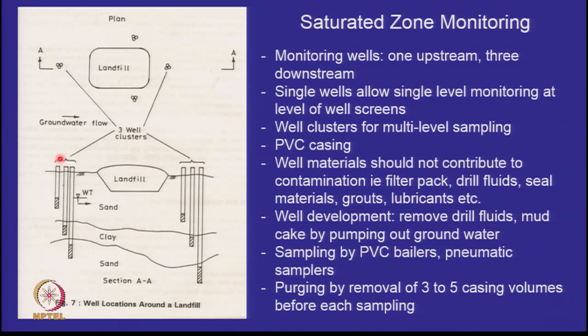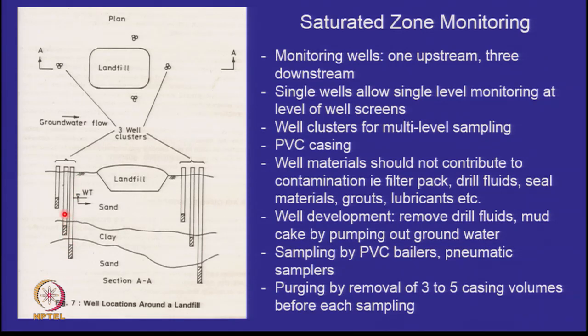Now one well is normally good for detecting at one level. If you want to detect at 2-3 levels, then we can adopt a cluster of wells. We did this last time: why can't the same well be used for monitoring at different levels?